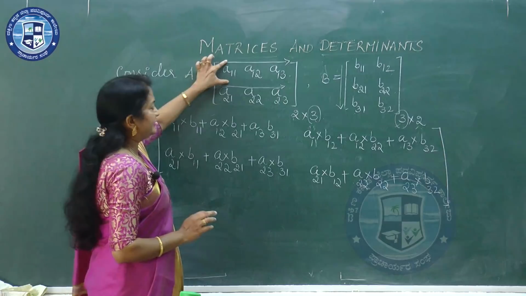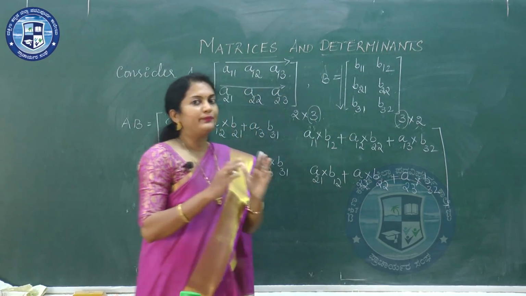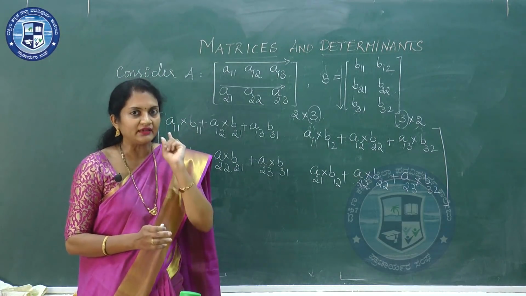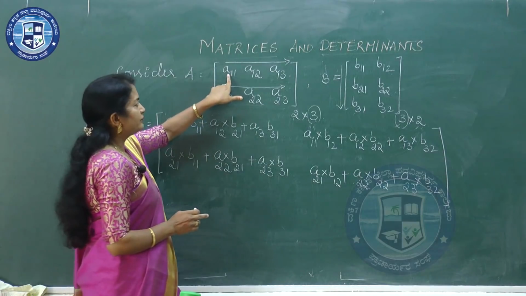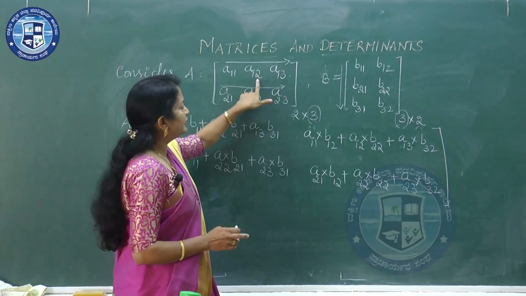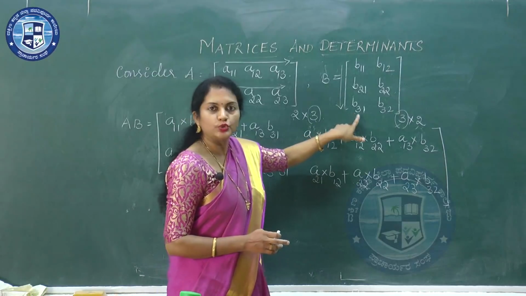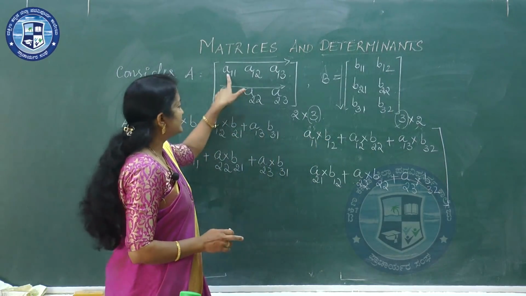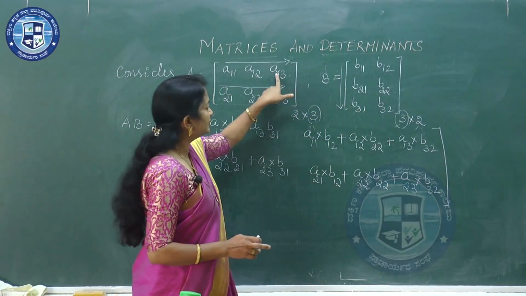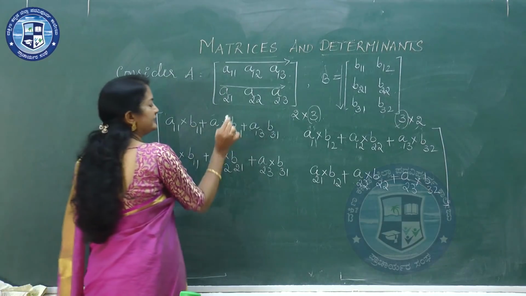When we are selecting the first row and first column, all the products we have to add, the sum gives only the single element. So A11 into B11 plus A12 into B21 plus A13 into B31. First element, second element, third element, we will multiply and we will add them.